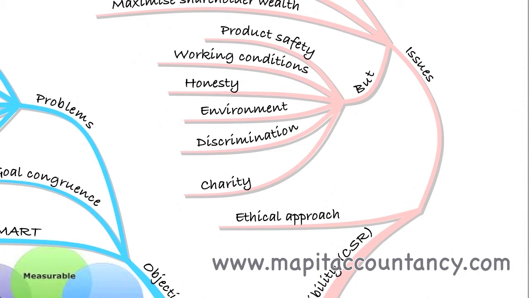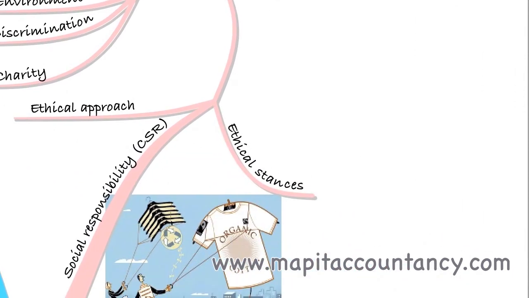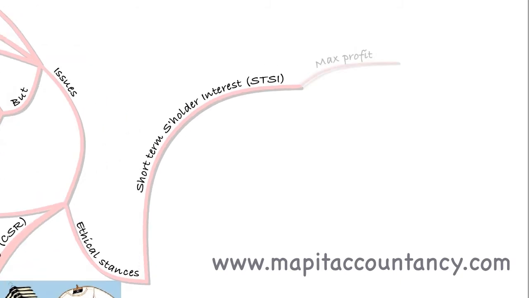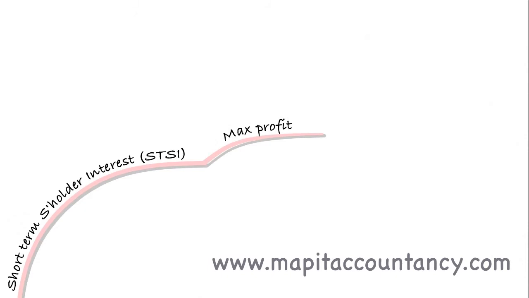So when we're thinking about the ethical approaches that a business could take, there are different ethical stances that have been identified. The first ethical stance that a business could take is called the short-term shareholder interest. Now, this is simply looking at maximising profit. So this fits in with what we were talking about, maximising shareholder wealth.